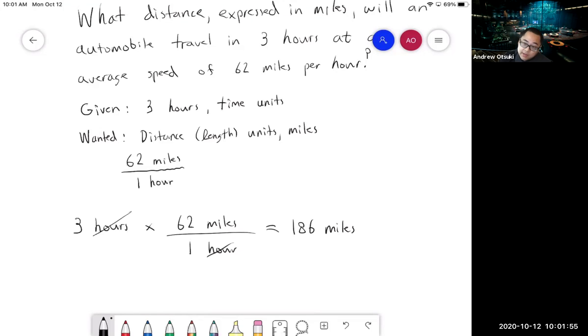Because if you're traveling less miles per hour, that means you're going really slow. In a car, on a freeway, you should be traveling fast. So this answer makes sense, that in 3 hours we will be traveling a total distance of 186 miles.